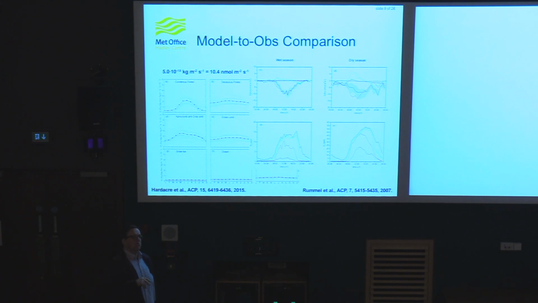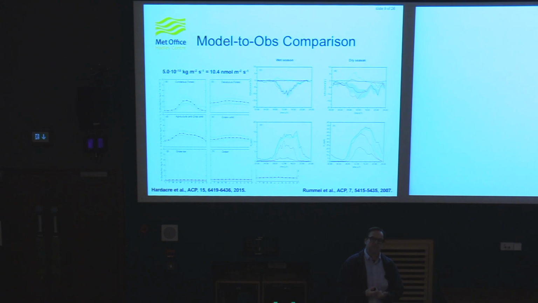So the models do actually represent the deposition flux in terms of its magnitude quite accurately, but smaller scale features like diurnal variation and site-specific properties are still very difficult to include in the models, because basically, as I said, it depends very much on the surface structure.